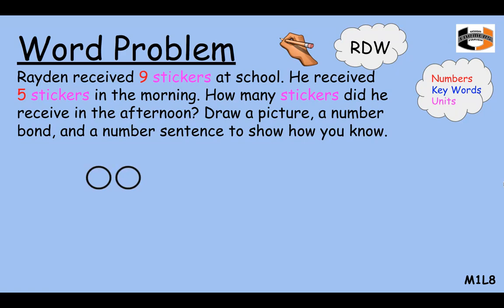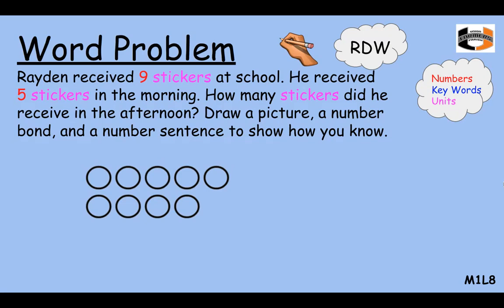We know that Raiden received 9 stickers. That is the total amount of stickers that he received. The question is, how many stickers did he receive in the afternoon? That's a mystery. We don't know. So what we're going to do is find out how many stickers he received in the morning.